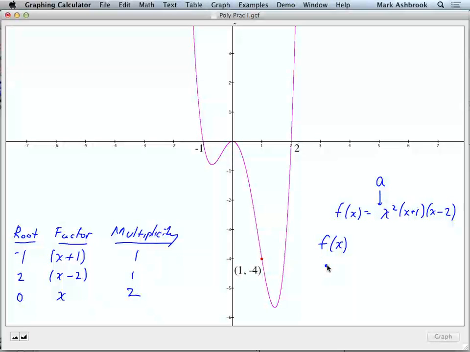Plug in, and so is that -4 or 1? -4 is the output, the y value. When x is 1: 1 times 1 squared, 1 plus 1 is 1, minus 2. So we need the output to be -4 when the input is 1. And then what does this all come to? -4?